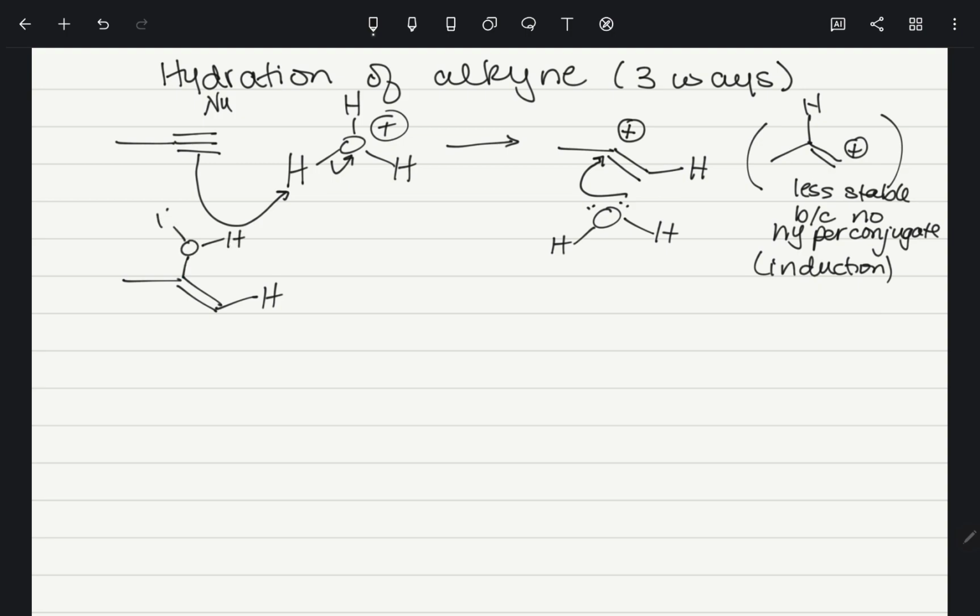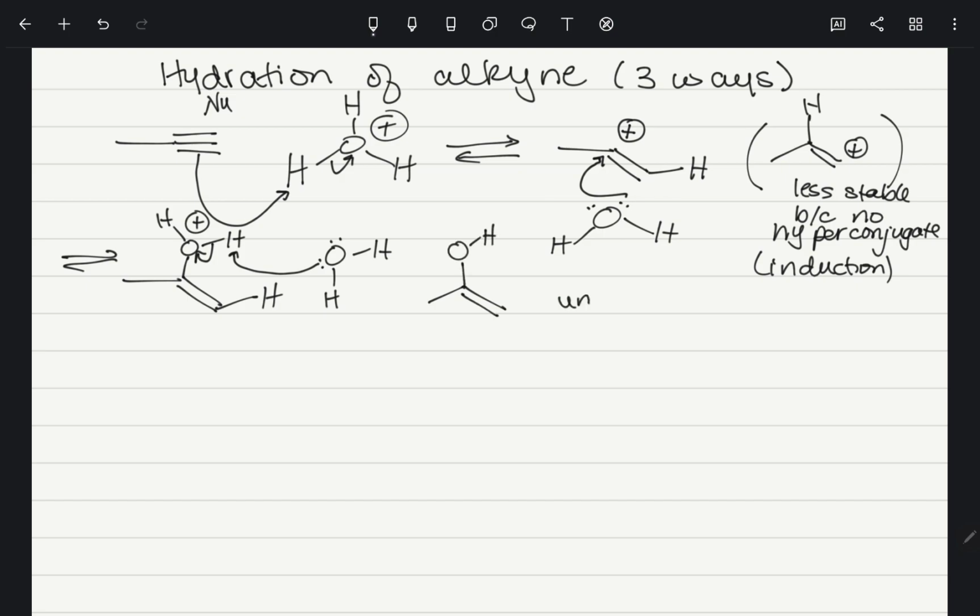After a while, as you feel comfortable, you don't necessarily have to draw it in. So I have that, and the oxonium ions are, again, not terribly stable. So if you don't want them to come off, we protonate. And now we have formed this enol.